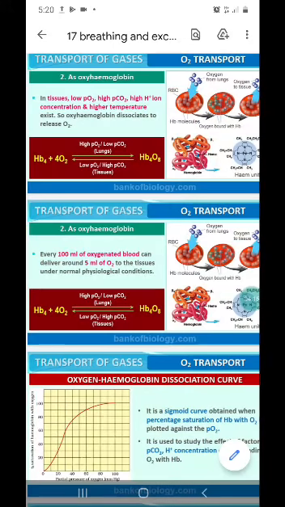Every 100 ml of oxygenated blood can carry or deliver around 5 ml of oxygen to the tissues under normal physiological conditions. That you should know, right?